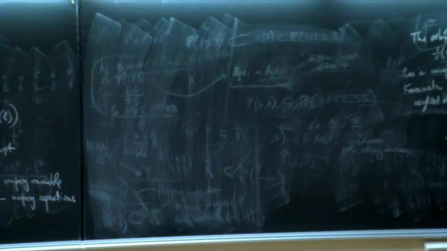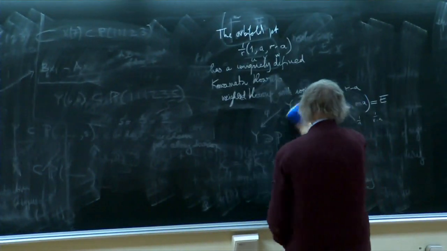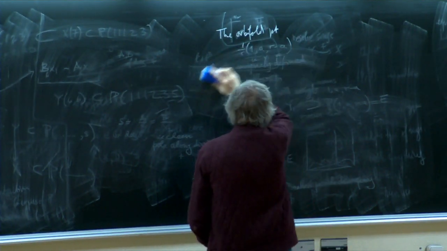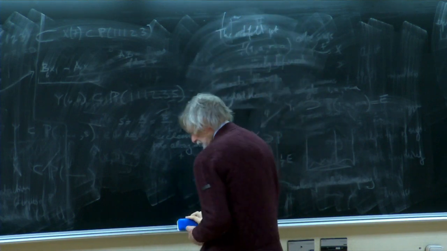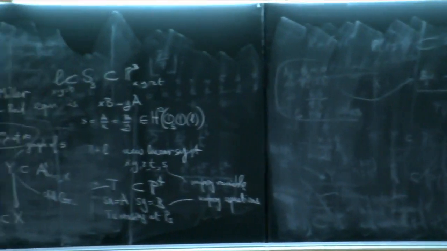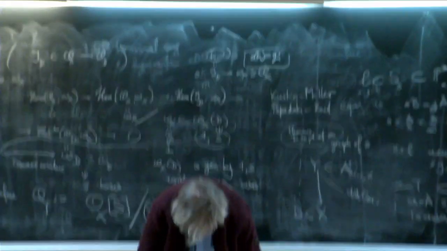I want to say I can also go from codimension 2 to codimension 3, and from codimension 3 to codimension 4. So maybe I'll leave some of it till tomorrow, but let me do just this one case that explains something.